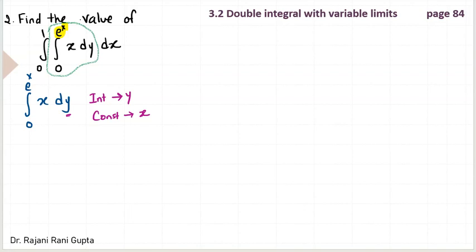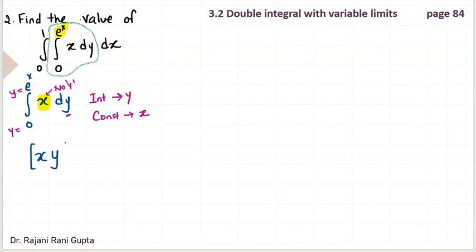Now, as we are integrating with respect to y, it means these are the limits for y. Okay, so y varies from 0 to e power x. Now, what term do we have here to integrate? x. Integrating with respect to y, it means no y. So what will be the integral? x constant remains the same. There is no y, so you multiply with y.